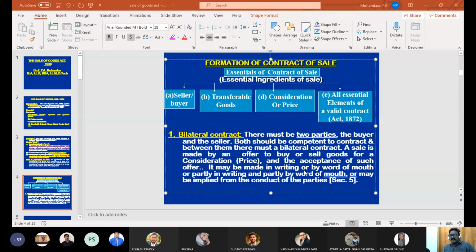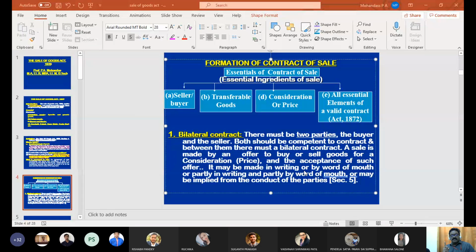We have come across this word multiple times. If consideration is not paid, what's the meaning of it? It is the cost involved, or price. Tomorrow, I may file a suit in the court saying that I was not paid consideration by so and so. What's the meaning of it? I was not paid the price.